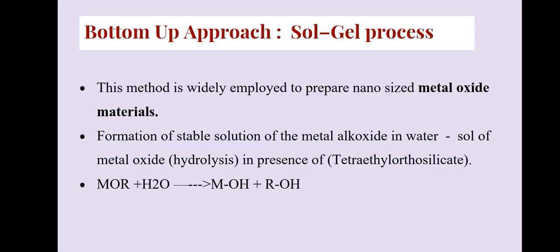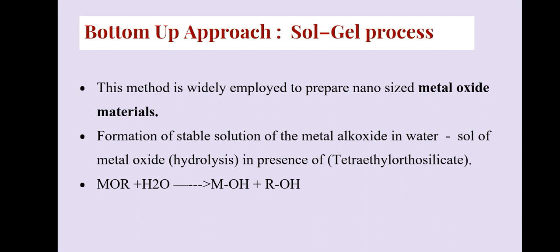Going into our methods of synthesis of nanomaterials, the first method is the sol gel process. First we look at what we mean by sol and what we mean by gel. A sol is a stable suspension of colloidal solid particles or polymers in a liquid. Gel is a porous, three-dimensional, continuous solid network which is surrounded by a continuous liquid phase.